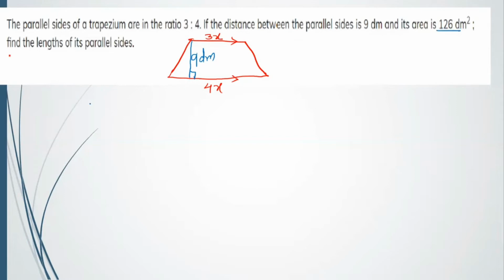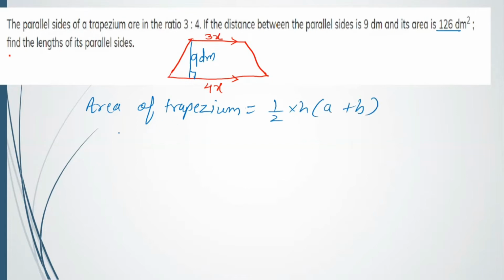Now we know the area of a trapezium is equal to half into h into the sum of parallel sides. Let us take a and b as the parallel sides. So let us substitute the values. Half, your h is 9 and the parallel sides are 3x plus 4x and the area is given as 126 decimeters square.